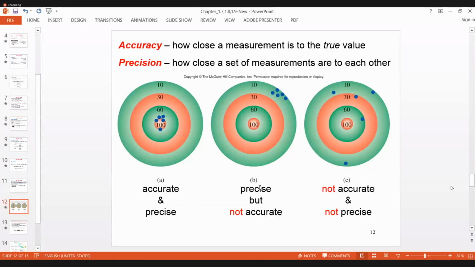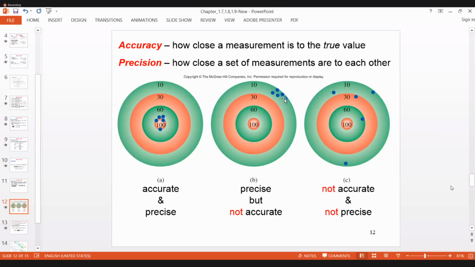So this is like a dart game. You are playing in your house. Number 1 here: suppose you put the dart into the center. If you hit the center, it means 100% accurate and precise. Precise means all the values are very close. So this is an accurate and precise result. But here this is not accurate because 100 is the accuracy. But these are precise.